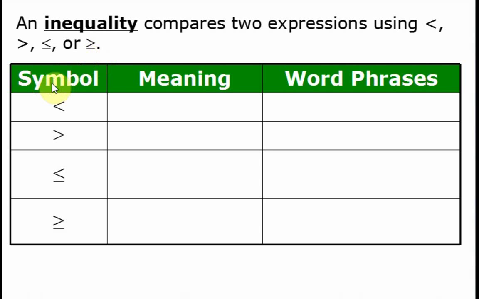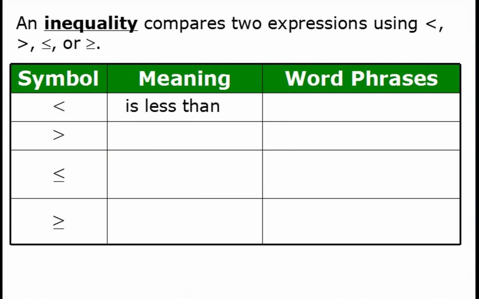Now, here we have the symbols, and here we are going to have the meaning, the word or phrase which represents these symbols: less than, greater than, less than or equal to, greater than or equal to.